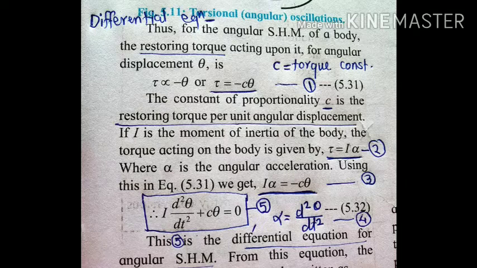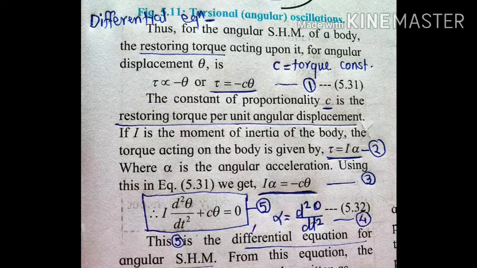We have studied the differential equation and definition of linear simple harmonic motion. Similarly, using the analogy, that is the similarity between linear and angular or rotational motion, we can obtain the differential equation of angular SHM.